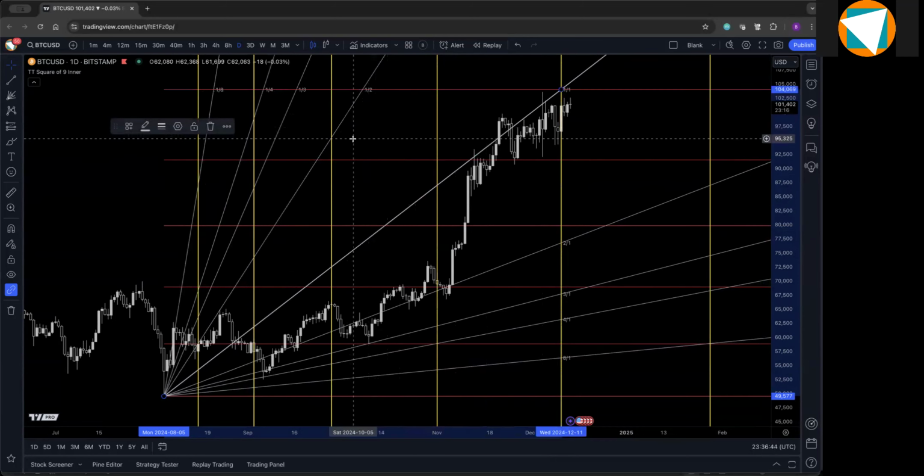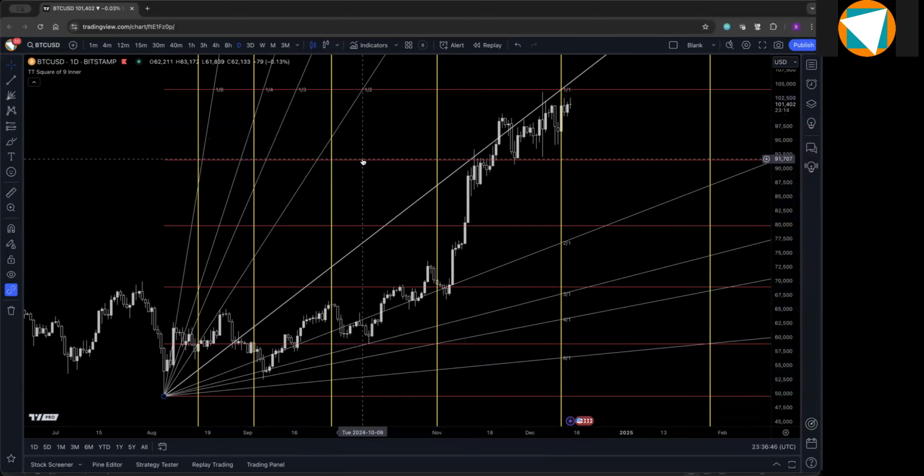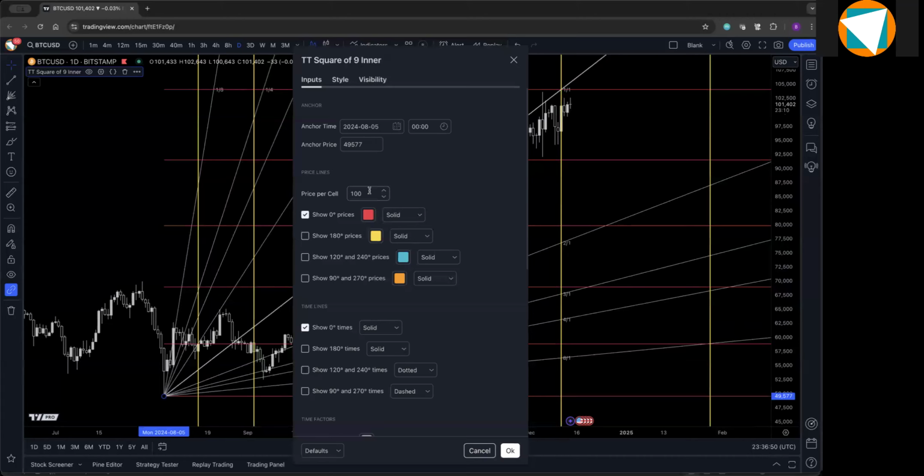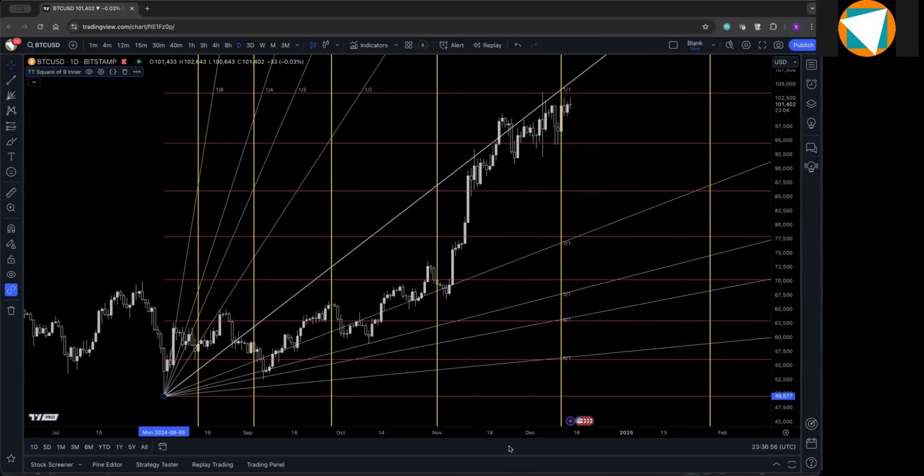And what this is telling me is that maybe we can shrink the price per cell a little bit. So let's try a price per cell at maybe 50. So we get twice as many lines. Okay. So if we have a price per cell at 50, then this is what we see. And we can see how important these cells are. These red lines were up here for price.